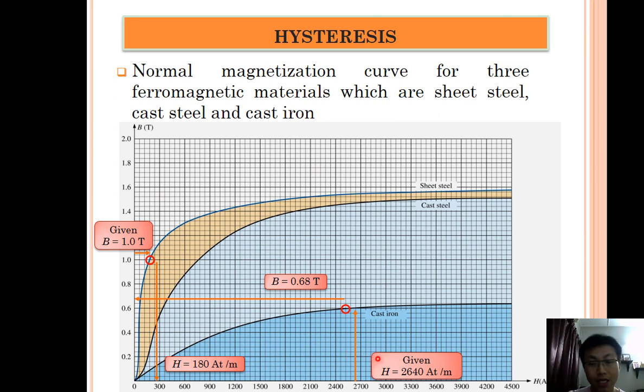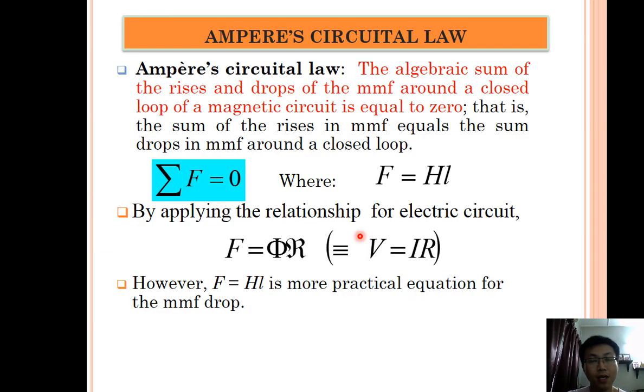If I apply 2640 ampere turns per meter of magnetic field on that material, how much magnetic flux density is retained inside the material? From this chart, we have 0.68 Tesla. This is how we read the BH curve.